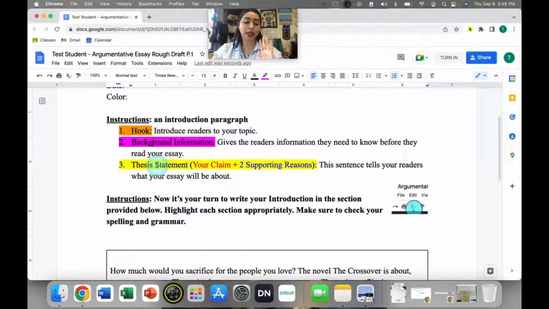This makes it easier. One, it is easier for you to double check to make sure that you have all the pieces that you're supposed to have for your paragraph. And two, if you want me to check a specific part of it, like your background information, it's easier for me to see what part you're talking about. Or if I want to check your thesis statement, it's easier for me to see, okay, this is exactly where their thesis statement is. So please make sure that you do color code them.